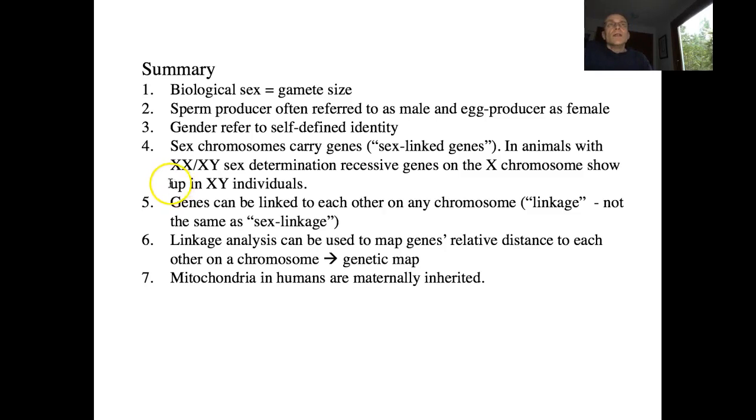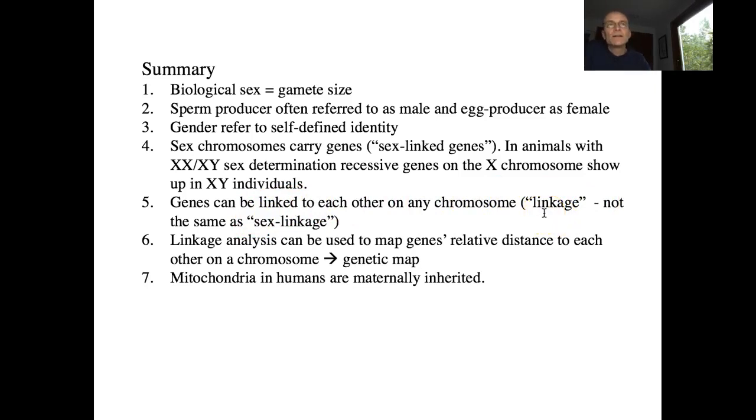So then we talked, with that caveat, about sex chromosomes carrying genes. We called them sex-linked genes. We said that in animals with an XX-XY sex determination, recessive genes on the X chromosomes show up in XY individuals. And I said that genes can be linked to each other on any chromosome, and that linkage is not the same as sex linkage.